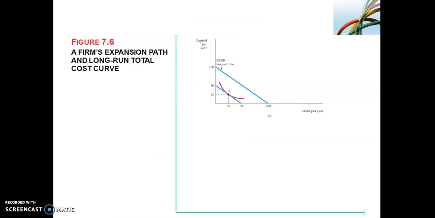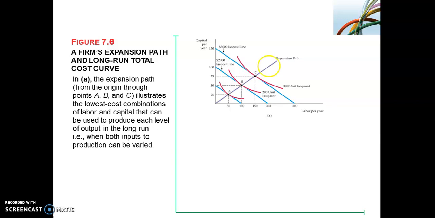So that is the top part of this figure. So here you can see we've got 3 isoquants. The first one gives you an output of 100 units, although it's not displayed clearly there.